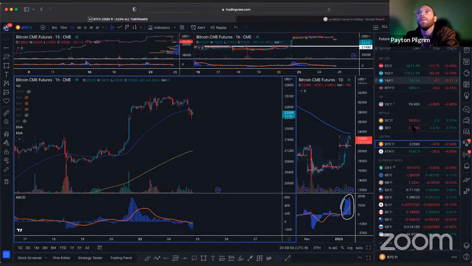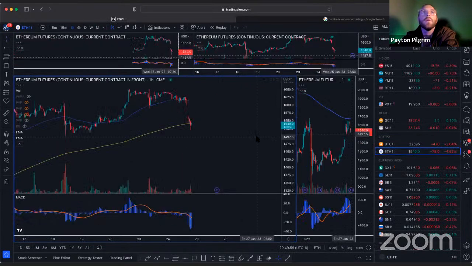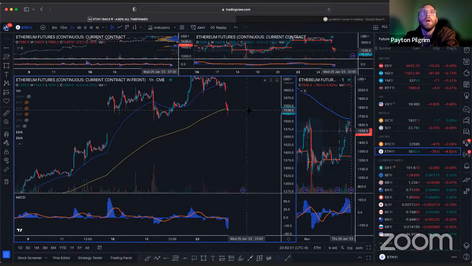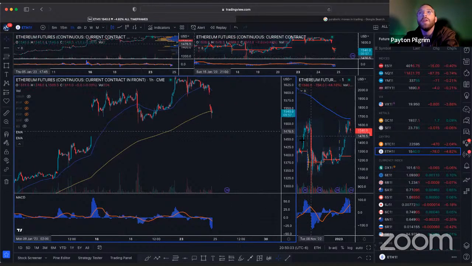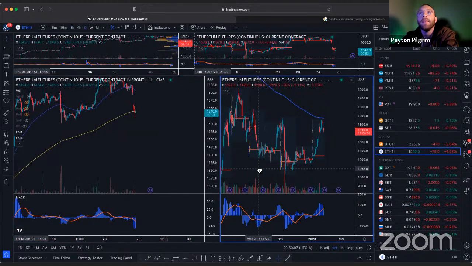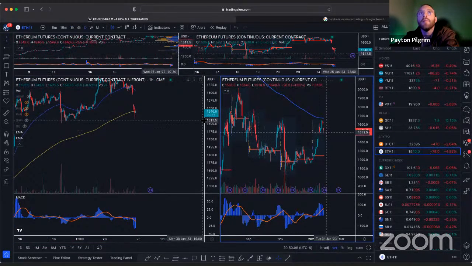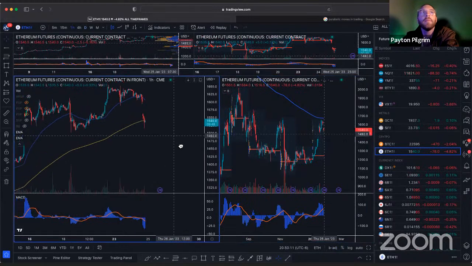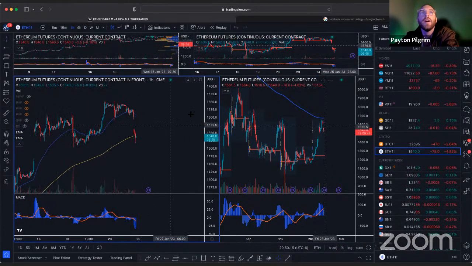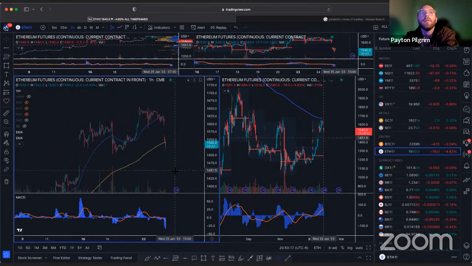Okay, and then Ethereum should look similar, so I'm not going to go into it, but Ethereum's already here. So it would be interesting to see if that was the top of it. Gapped like crazy. It'd be very interesting to see if that is the top of the parabolic move.